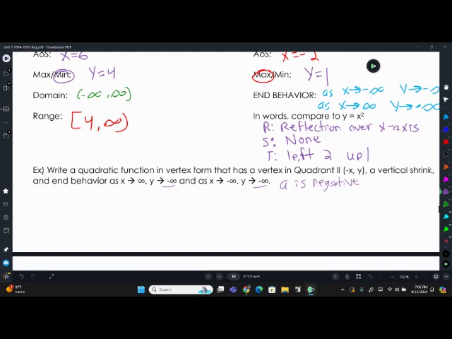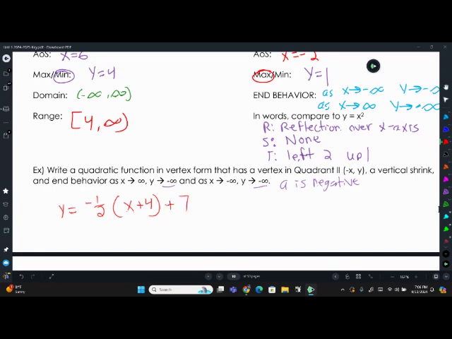If a is negative and it has a vertical shrink, I can do something like negative 1/2. Now, if my vertex is in quadrant 2, the h value needs to be positive, because it's the opposite of what you see. And then the y value needs to be positive because it's exactly what we see for that.